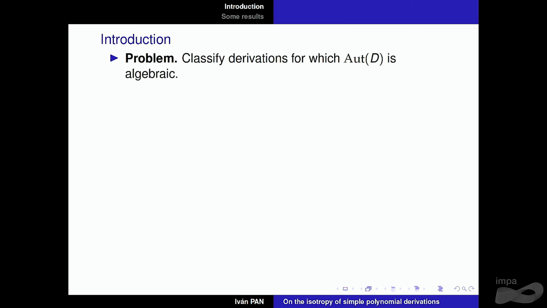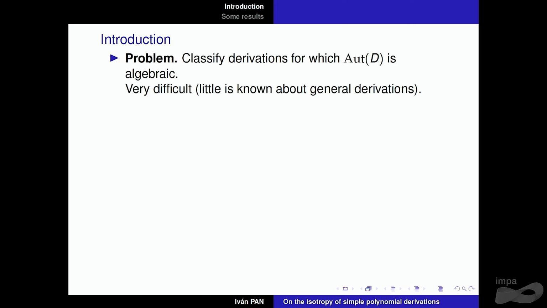Okay? This is complicated in general, very difficult, in fact, because little is known about general derivations. But the problem is very natural, because one asks for derivations where the symmetry group is controlled, is a variety.